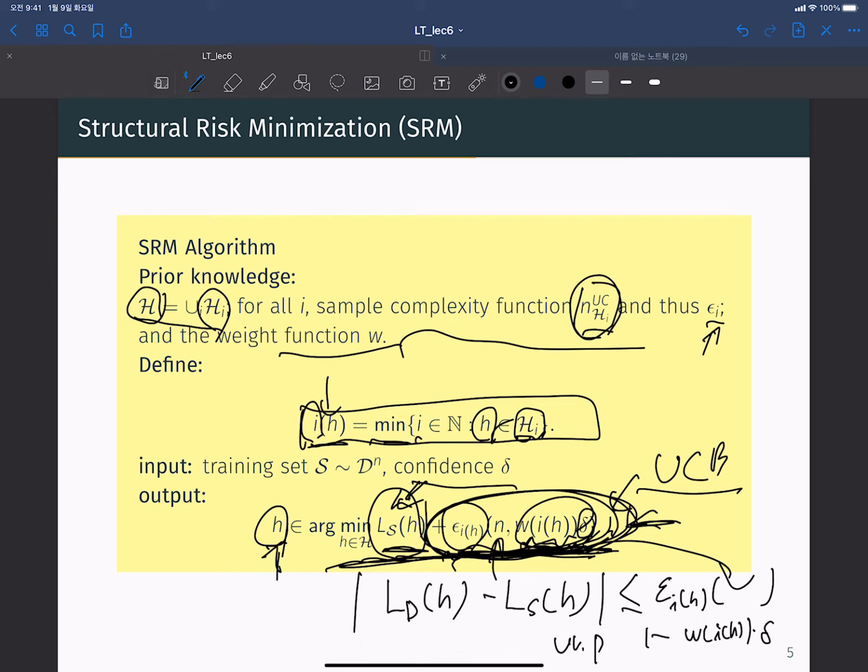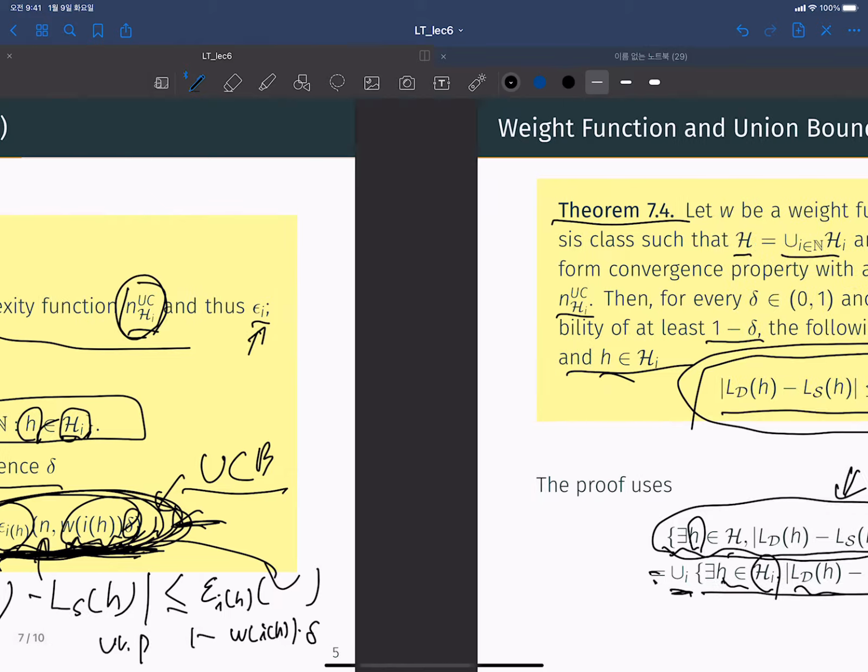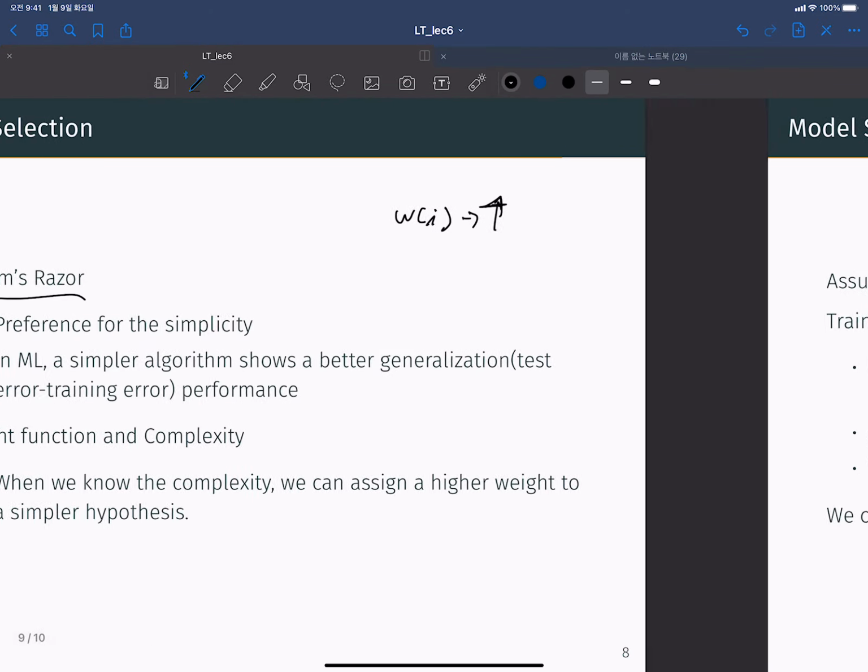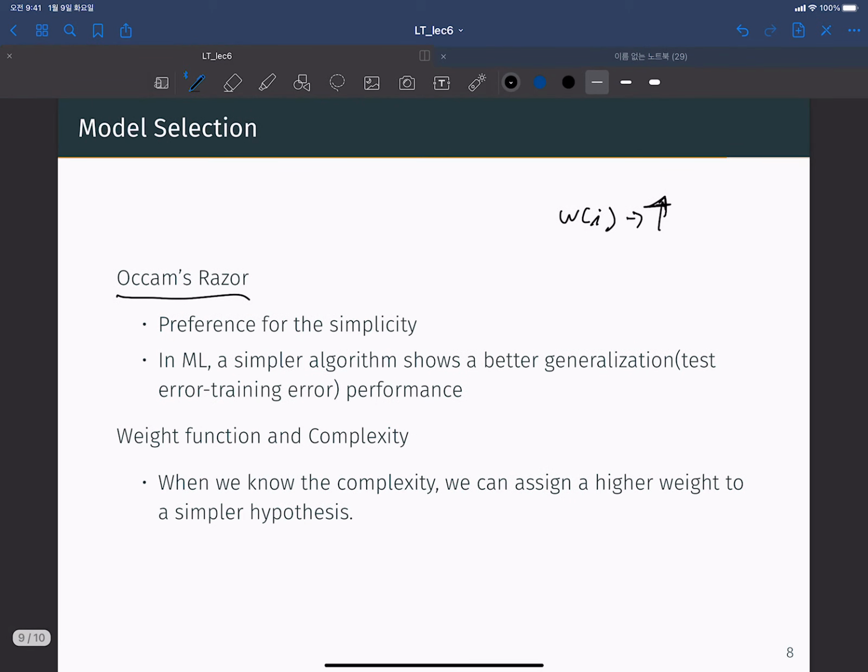Although the simpler one has a high training error, because it has a very tiny confidence interval, we can choose it. That's the Occam's razor argument.